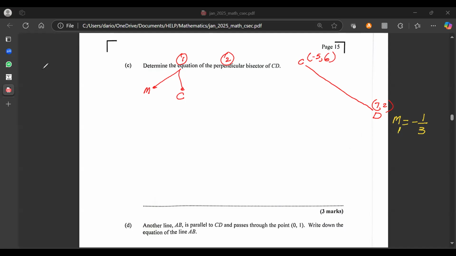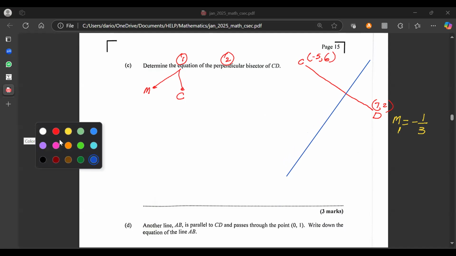Now, to find the gradient of the other line, the perpendicular line means the line is running at a right angle to the other line. So I put in a blue line, and here is my right angle.